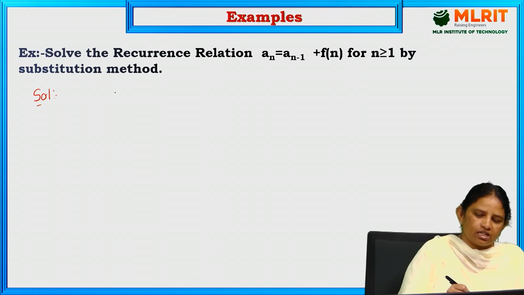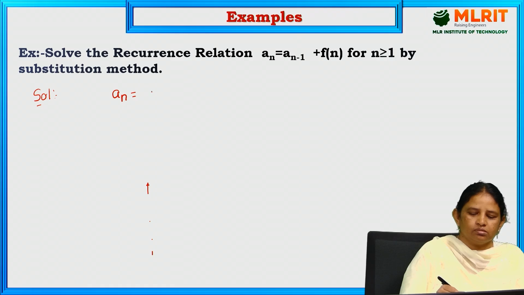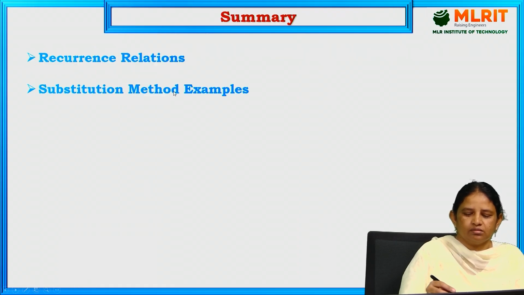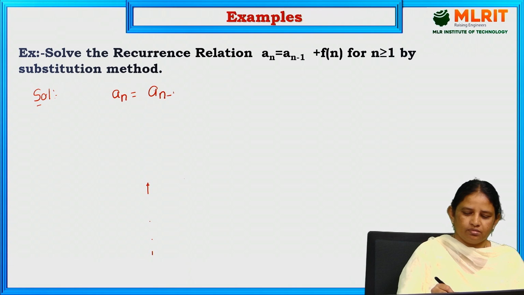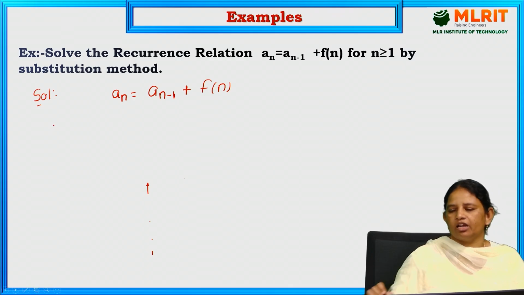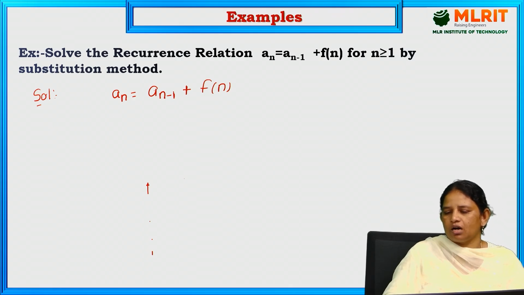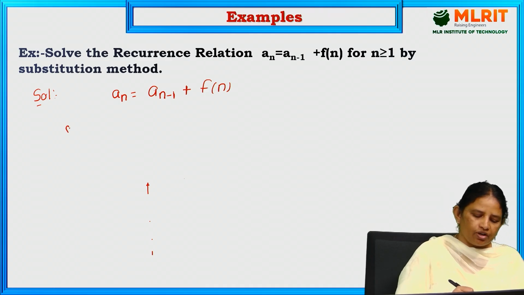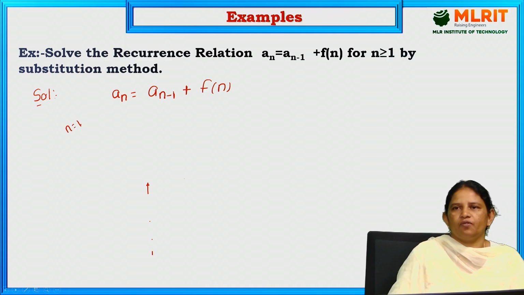First consider a_n equal to a_(n-1) plus f of n. Since n is greater than or equal to 1, we need to start the n value from 1, not from 0. So n equal to 1, and in the place of n you substitute the value 1.